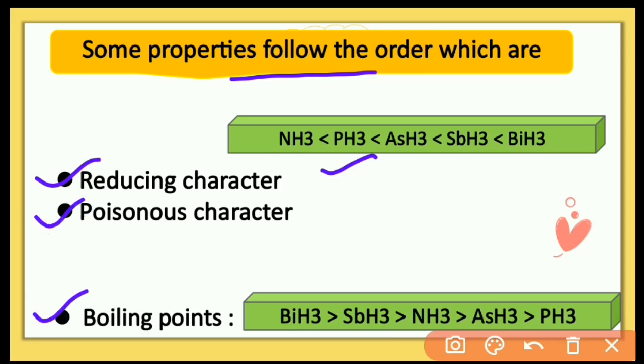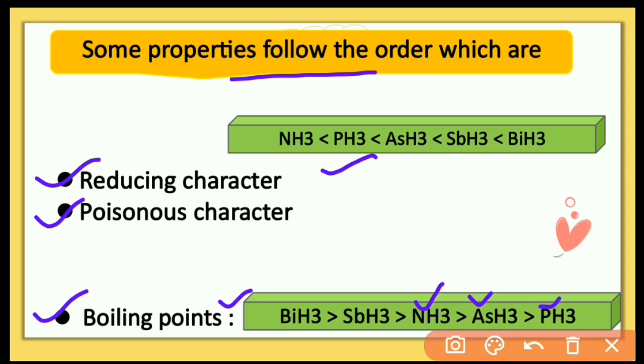Boiling point shows a different order for the hydrides. Here the NH3, due to the formation of hydrogen bonding, shows a higher boiling point as compared to phosphine and arsine. So the boiling point order is this.